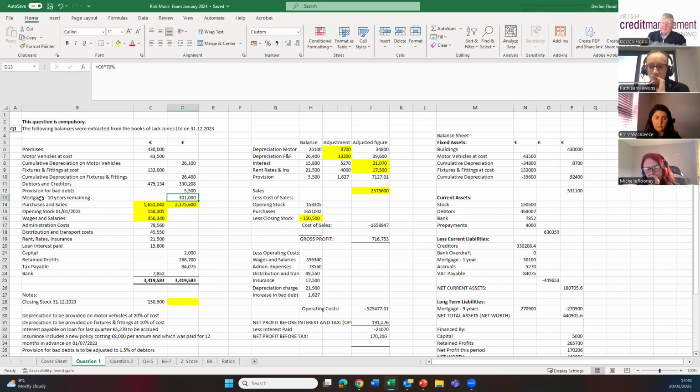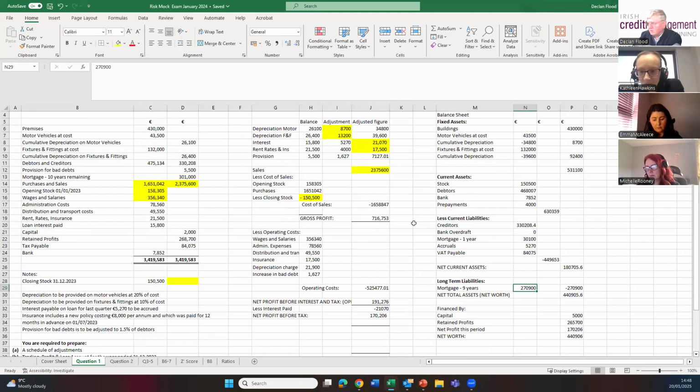So all things being equal, if there's 10 years remaining on the mortgage, you have to pay 30,100 in the current year, and the balance is long term. But again, if you forget to do that, you lose a mark, and it's not the end of the world. So that is the difference between your mortgage and your long-term liabilities. And that's not an adjustment. That's just a thing that you do.